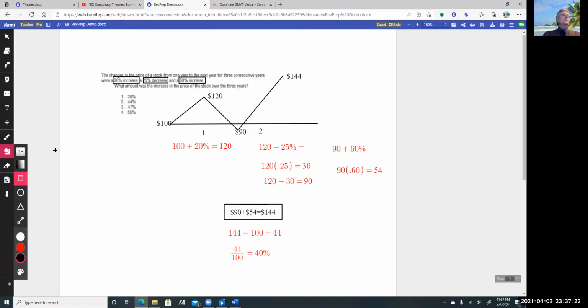So that will be the total amount that it changed from the beginning of year 1 to the end of year 3.